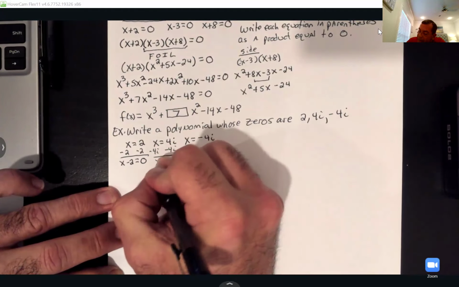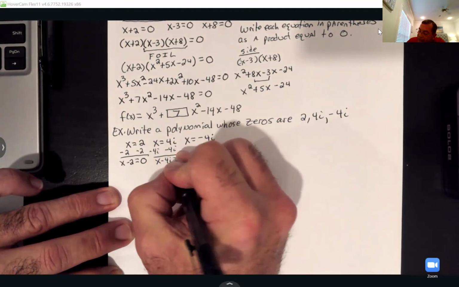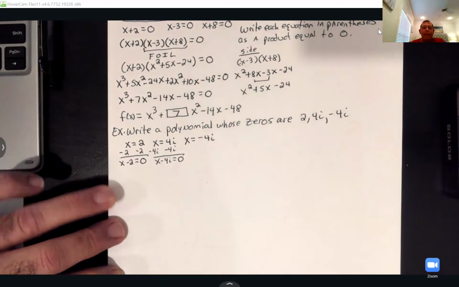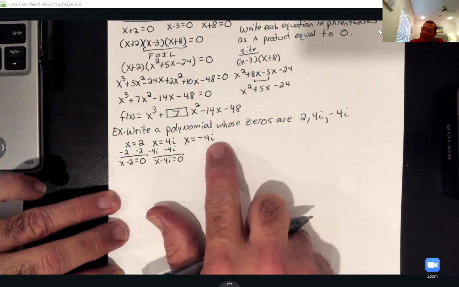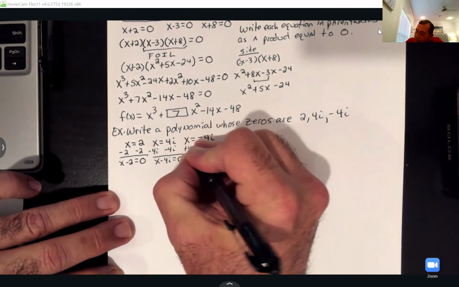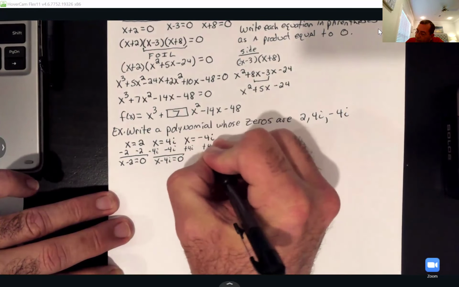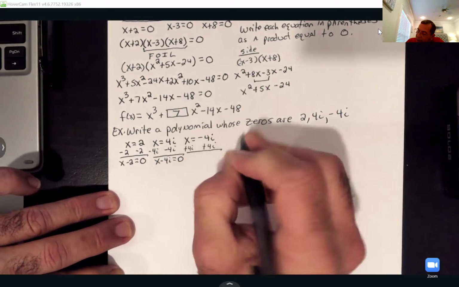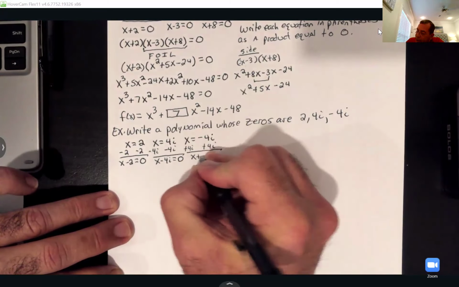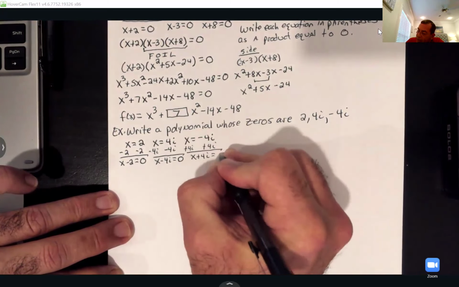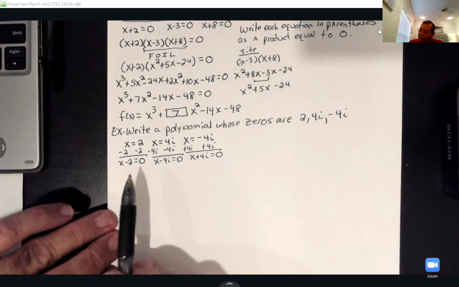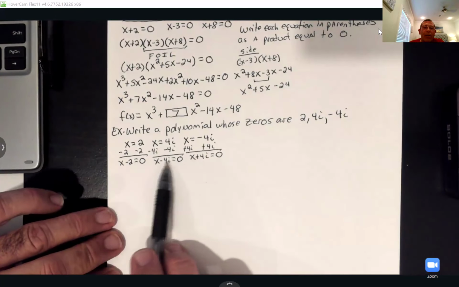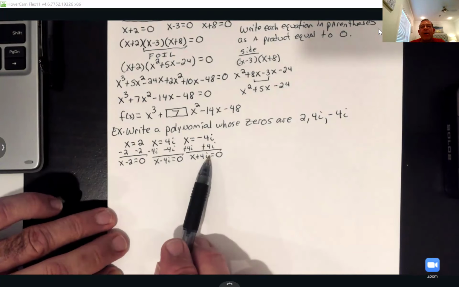That'll give me x minus 4i equals 0. And y'all, finally add 4i on the last one. That'll give me x plus 4i equals 0. So we now have our 3 equations equal to 0.